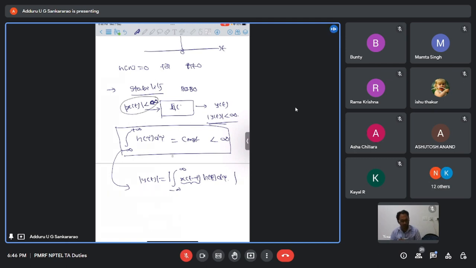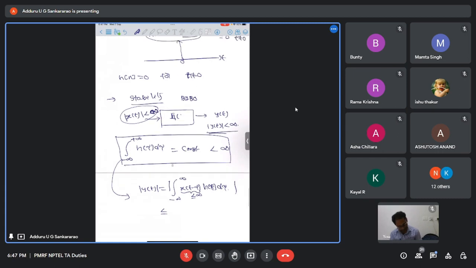So input is some finite quantity we are giving, right? So this is less than or equal to some finite quantity. What will happen if input is a finite quantity? Let us say input is some c, some finite quantity I'm telling.